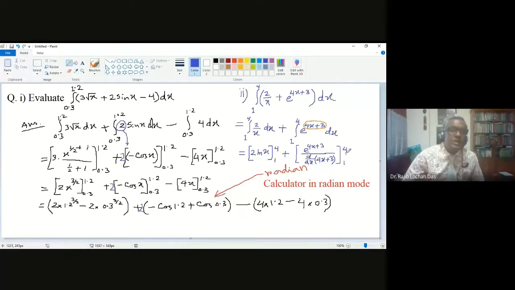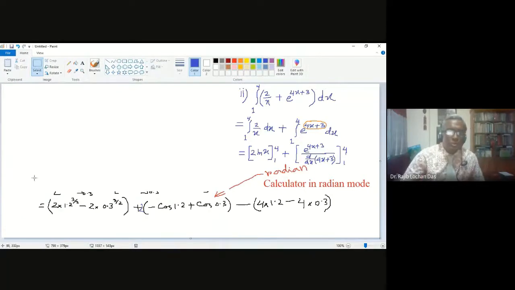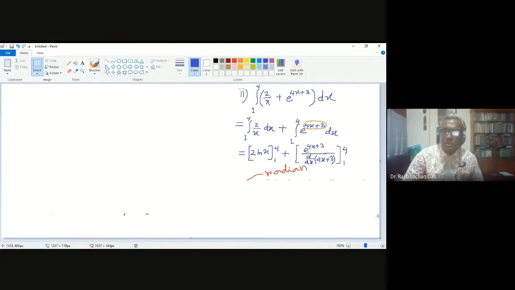Okay, now let me erase the left part, and then I write it on the left side. So in the next line you will write, let me continue here in the same place.